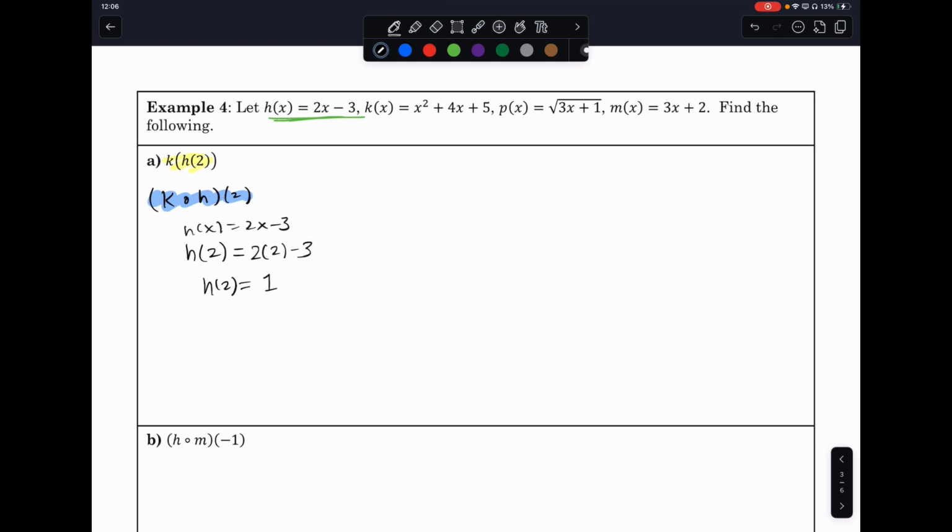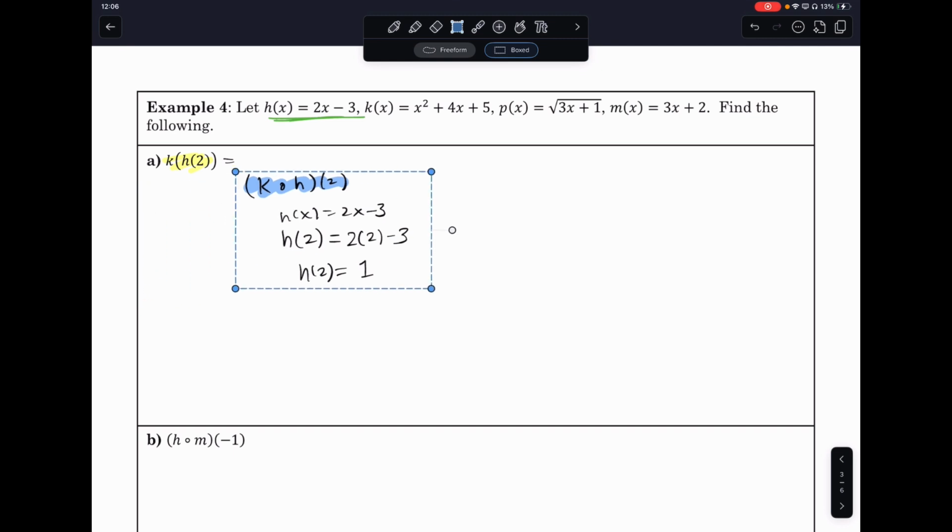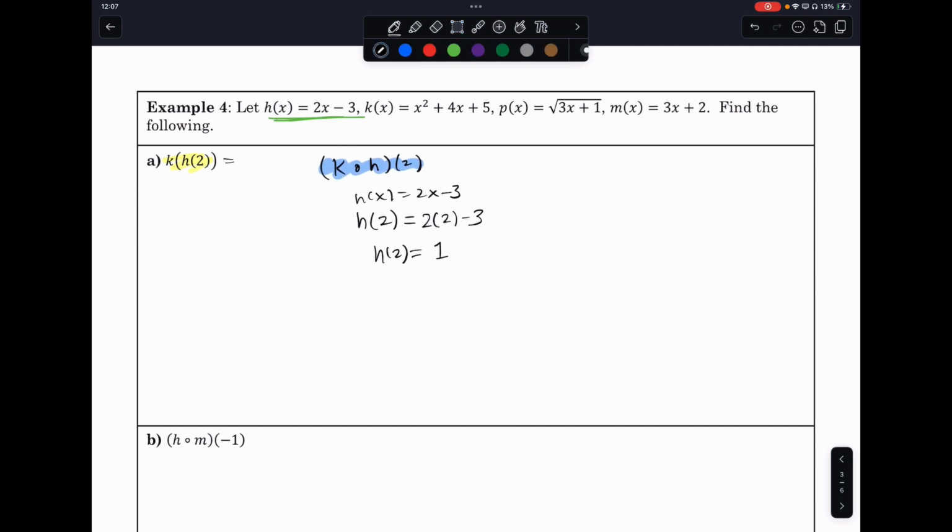We're now going to use this 1 and plug it into the function k. So let me move this over here to the side. We know that this part right here equals 1. So what we're going to do is now get k of x, which is x squared plus 4x plus 5, and use that as the new x value.